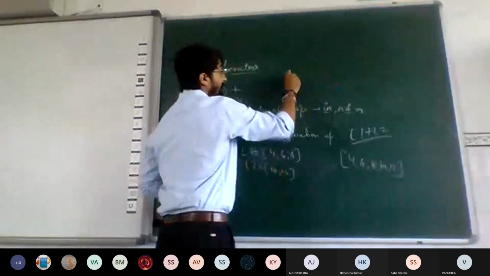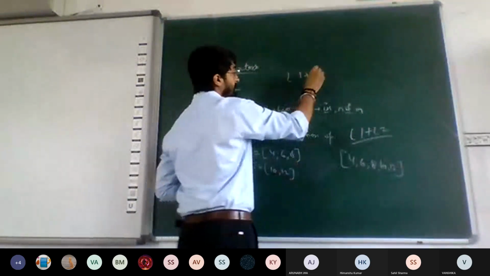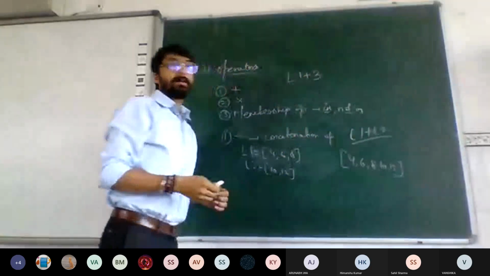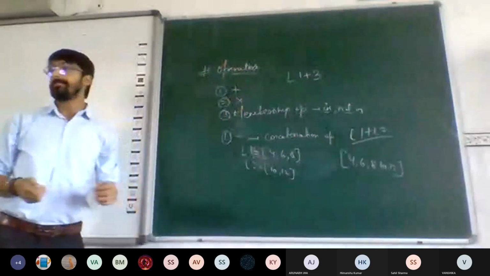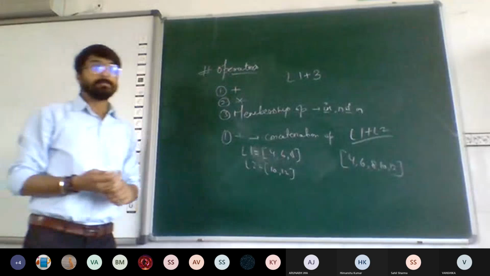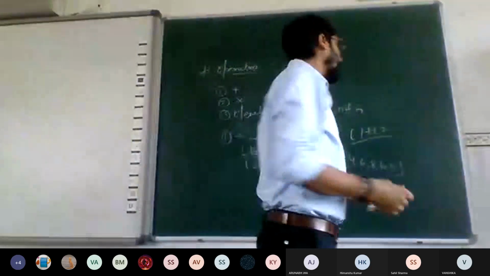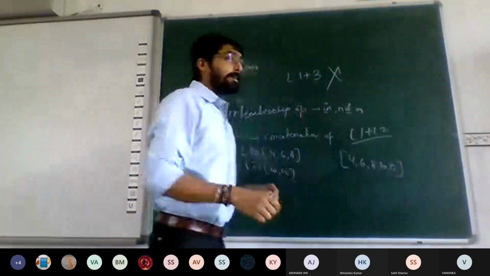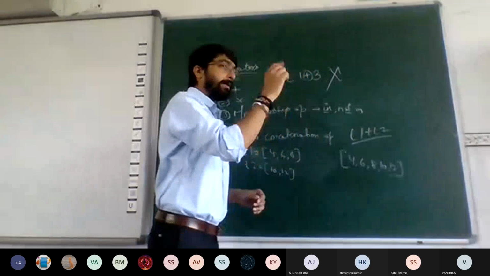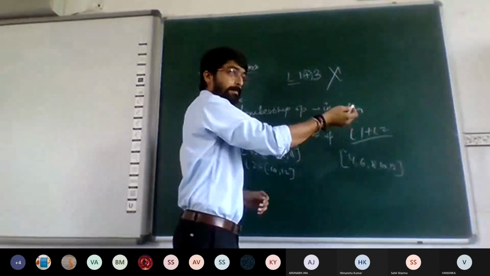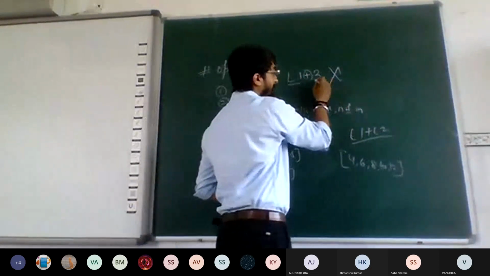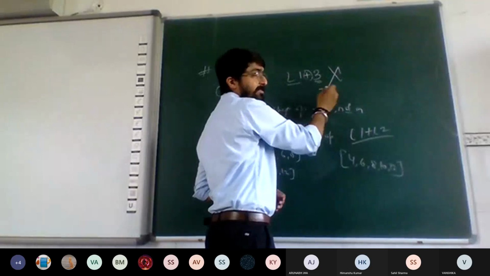What if I have the list L1 again and I add 3 to it? Will 3 be added? No. This plus operator can be used only to add two different lists. Your list cannot be added with a number, a character, or a string.